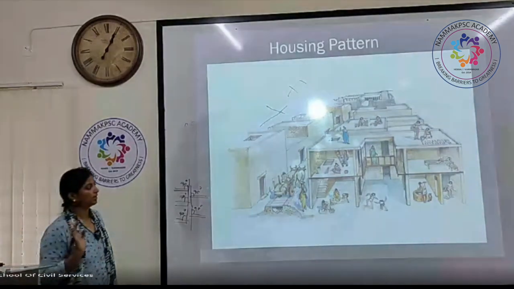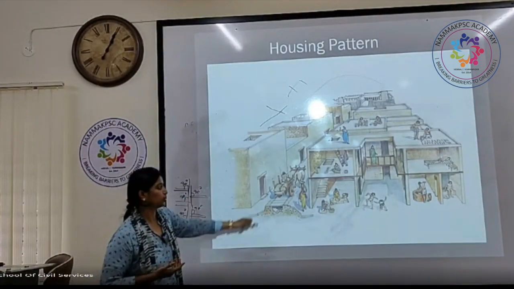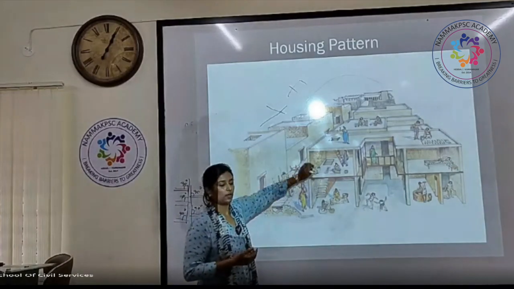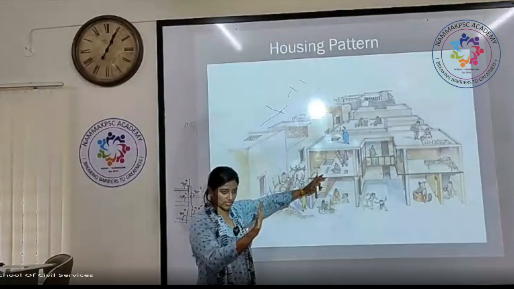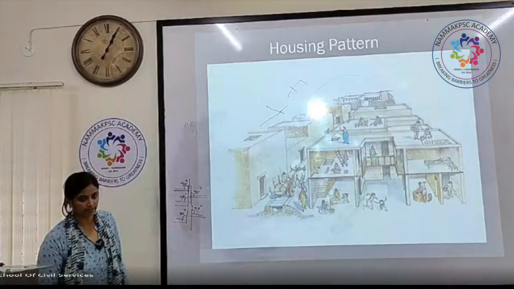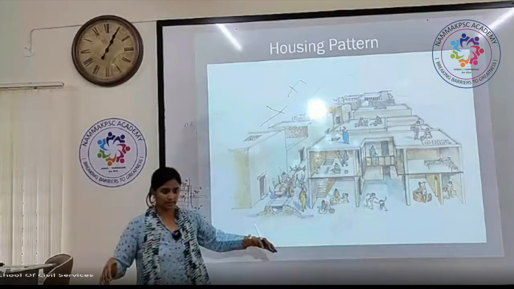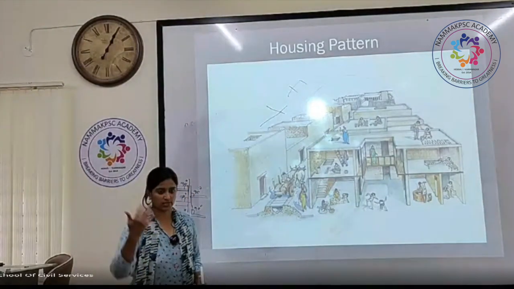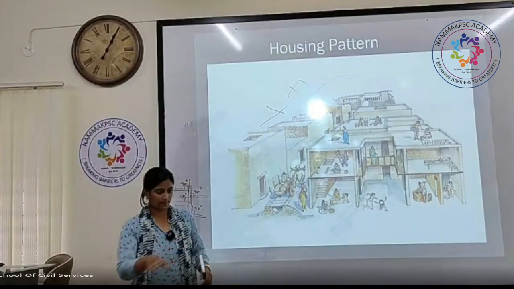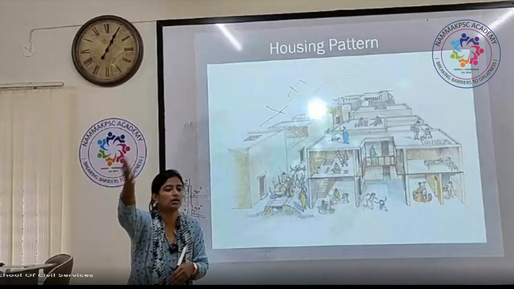This was their housing pattern. Very funny people, a little funny because they had storied buildings, and their doors never faced each other. They were people who loved privacy. Like what we have now, if we stay in a lane, our doors face each other. If there's a main road, the house will face the road, and the opposite side house will also face the road.